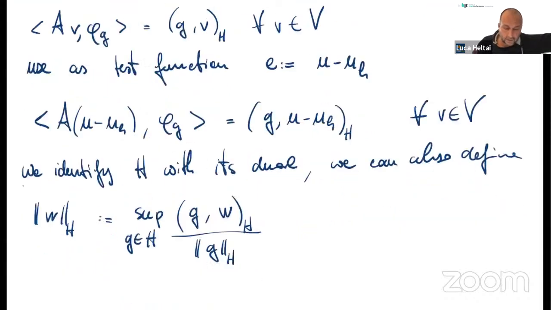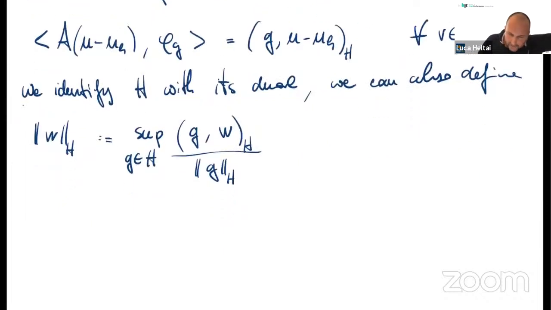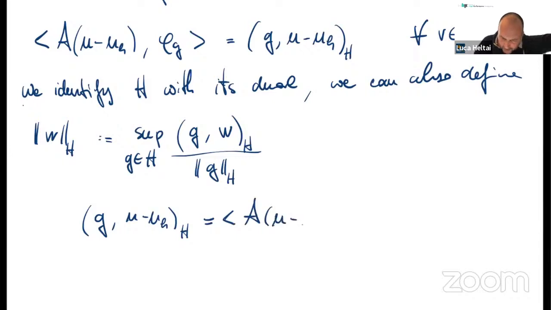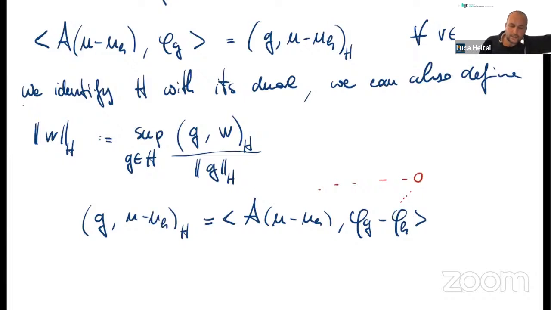So what we have so far is that G, U minus UH in H, on the left, is equal to A of U minus UH, phi G. And of course here I can subtract any arbitrary function which is in the space VH, thanks to the orthogonality of the error. So this guy times that guy gives you 0. Okay, so I'm just adding and subtracting something which is 0.